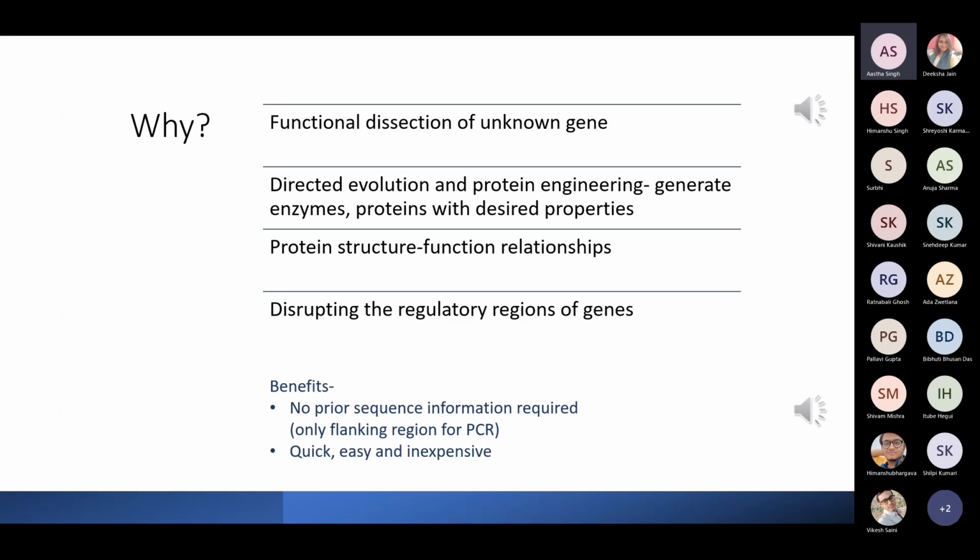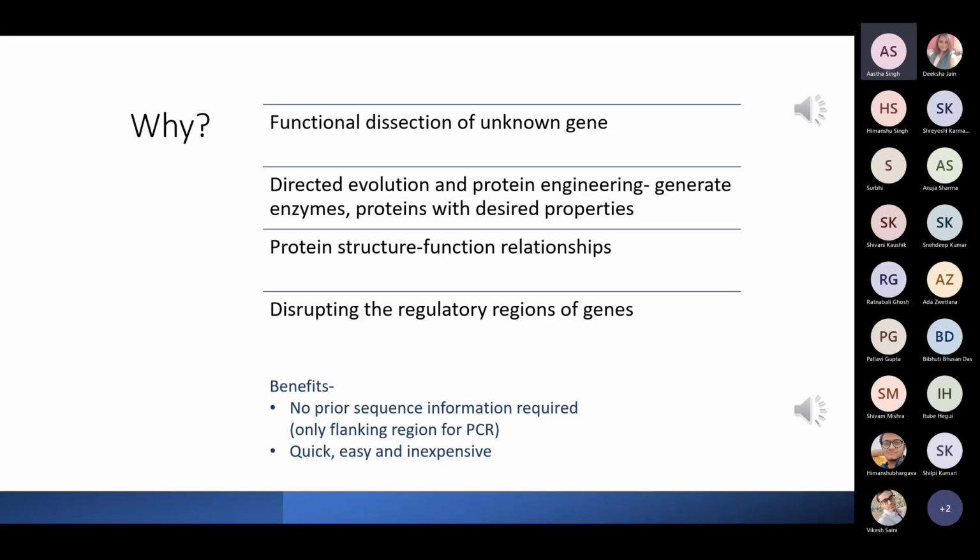The question arises that why would we want to randomly mutagenize any gene or any DNA sequence? So the reasons can be multiple. The most common is in the functional dissection of an unknown gene or an unknown DNA sequence.